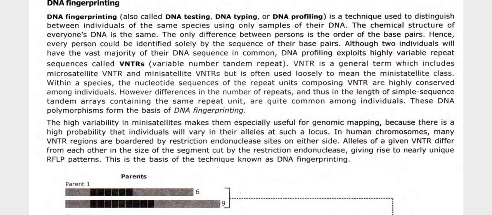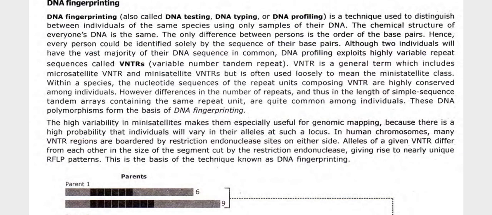Although two individuals will have the vast majority of their sequences in common, DNA profiling exploits highly variable repeat sequences called VNTRs, or variable number tandem repeat, is a general term which includes microsatellite VNTR and mini satellite VNTR, but it is often used loosely to mention the mini satellite class.